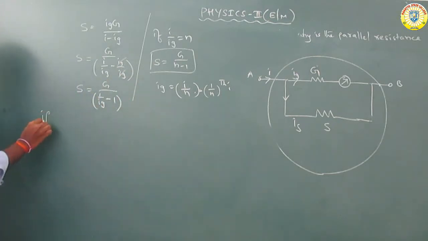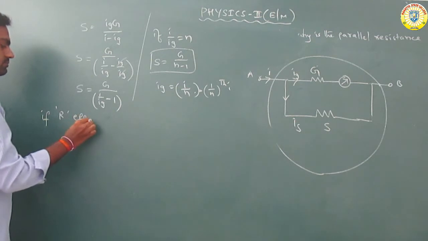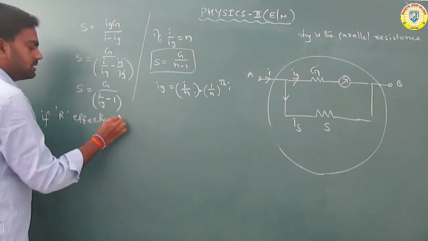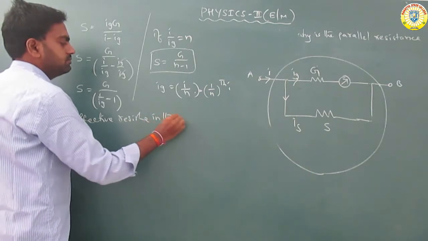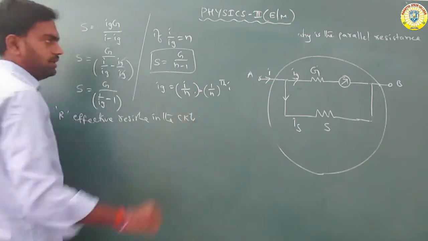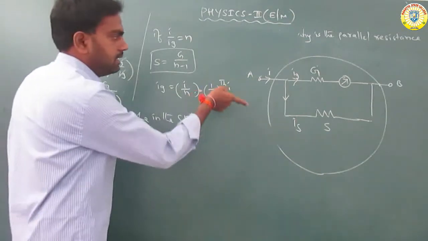Now, if capital R is the total effective resistance in the circuit, these are connected in parallel.